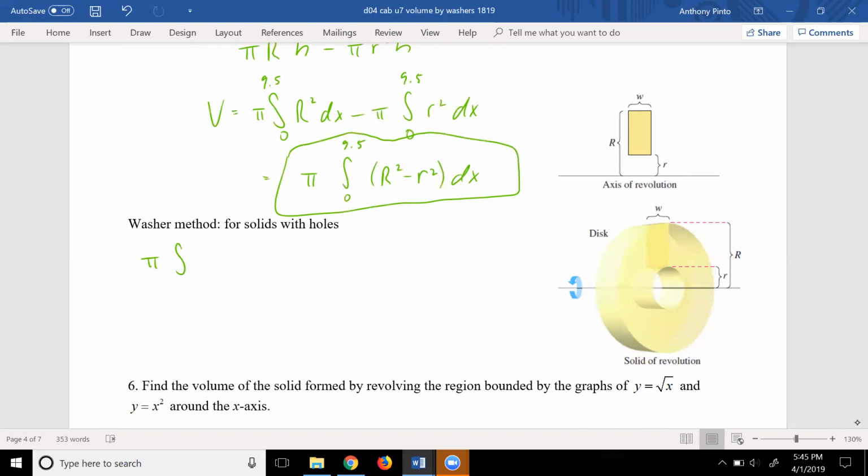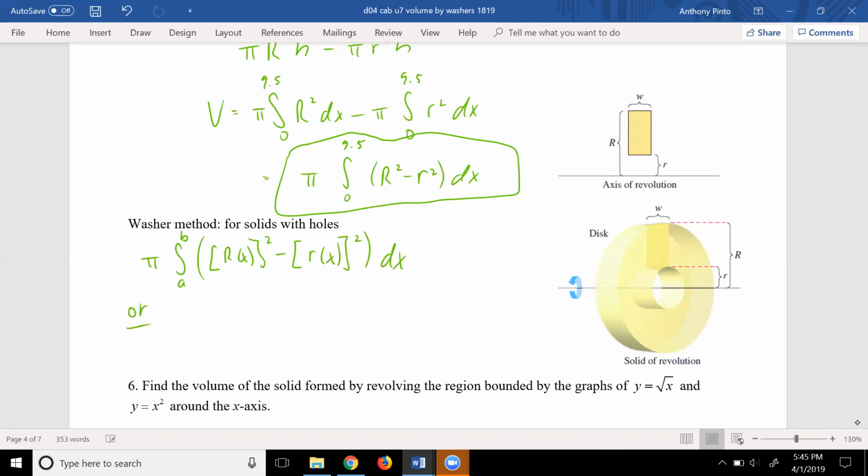It's going to be pi. This is our generic equation from A to B of big R of x squared minus little r of x squared dx.